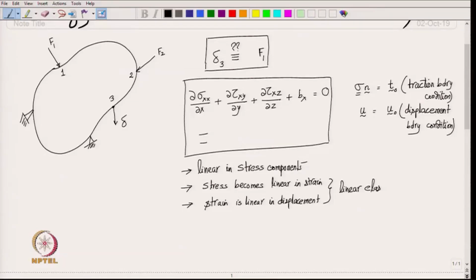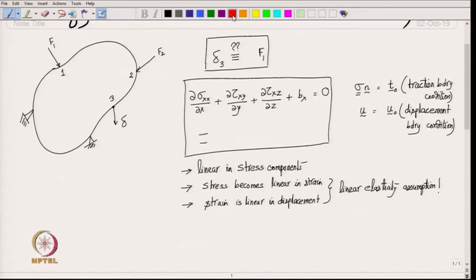When you do large deformation problems and we talk about non-linear elasticity, then we think of more general stress strain relationships which need not be linear. Likewise, strain and displacement relationships are also non-linear, but here both of them are linear. Okay.